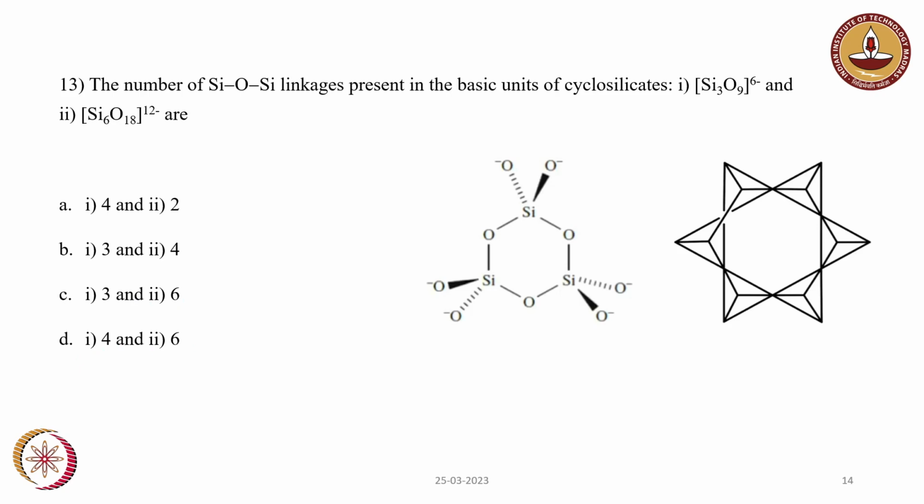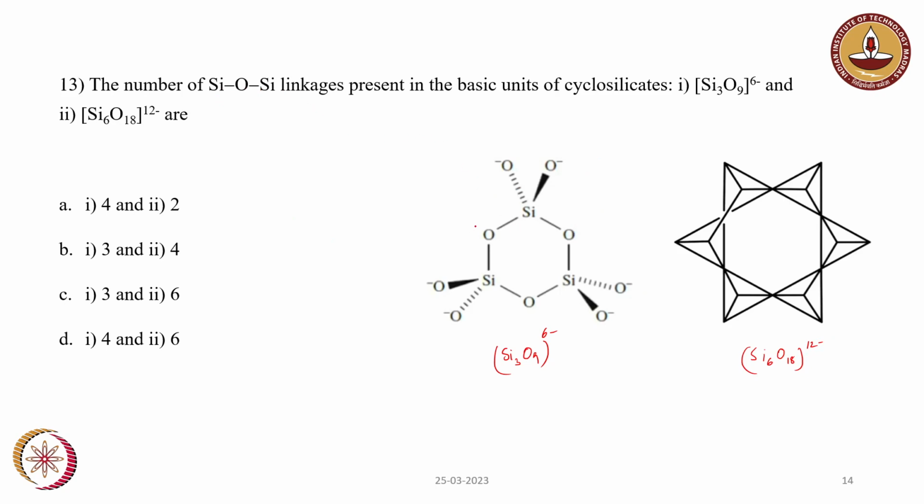These are the basic units, like Si3O9 6 minus, and this one is for Si6O18 12 minus. So we are asked to find the number of Si-O-Si linkages.